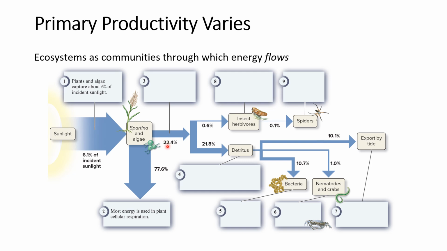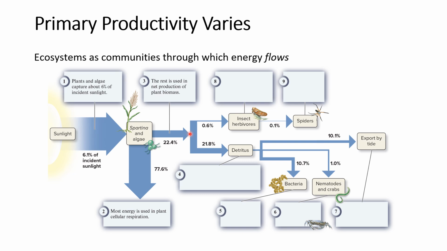Now that means there's about 22.4% of the energy they harvested that can be used as net primary productivity. So notice the net primary productivity, which is stored in the body mass of the algae and plants itself, now is available for the rest of the food chain, right? It's net productivity. That's why we say it's a very important measure.